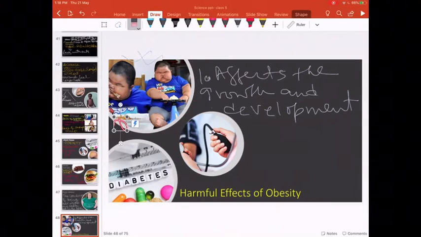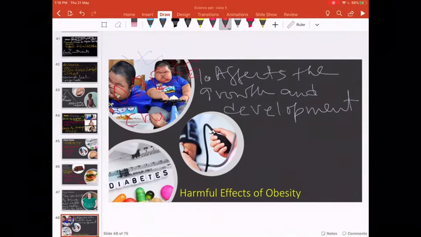Obese child. Now, obesity in children affects their growth and development, and it can also cause various health problems, like diabetes and high blood pressure.